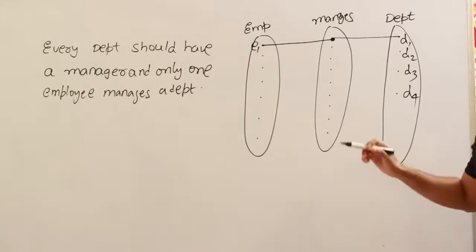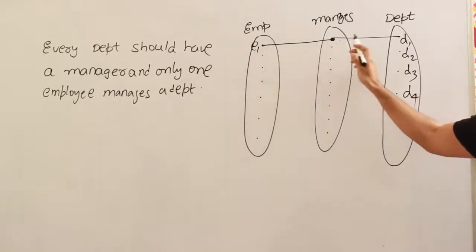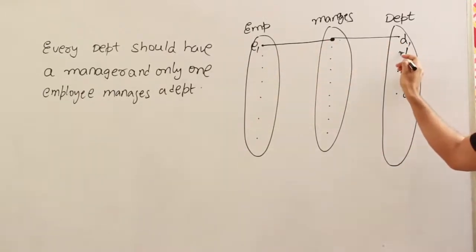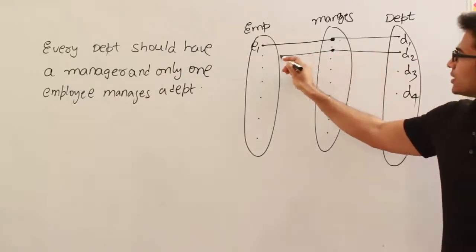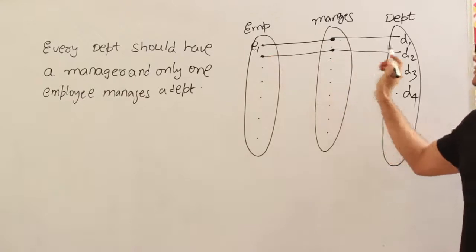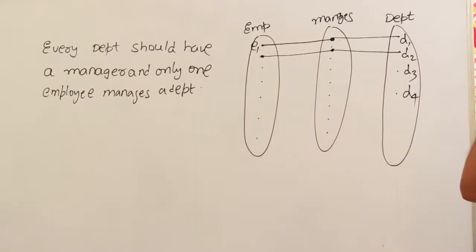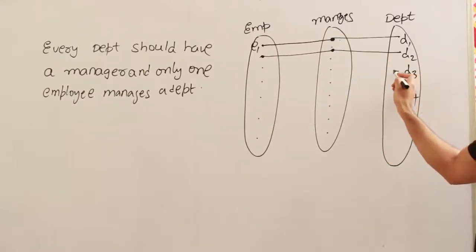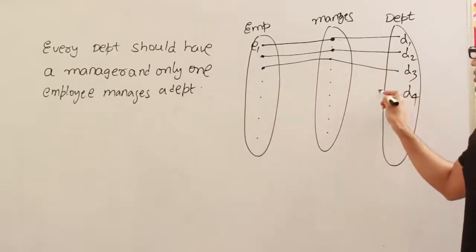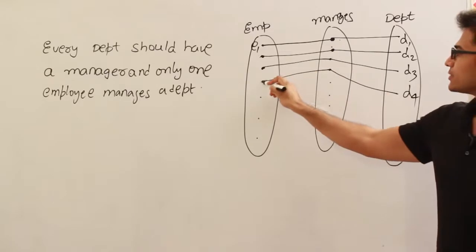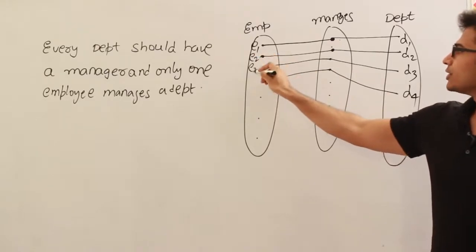So what is the meaning of it? Employee E1 manages department D1, and employee E2 say is managing department D2, and some other employee, and so on. It is like this: E1, E2, E3, E4.